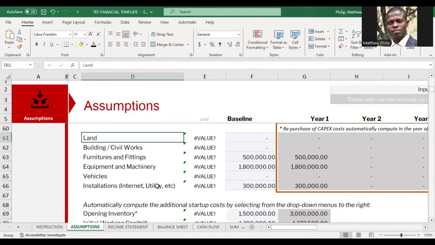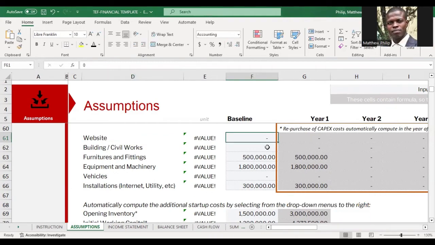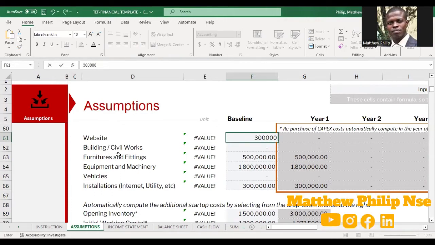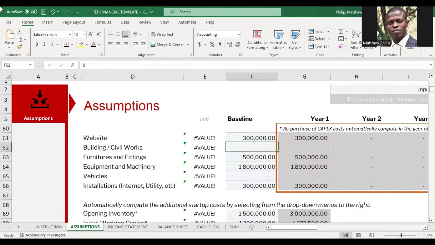Then you can just change the land to website and input a value for it. You can also change the building works to another capital equipment that you are going to buy.